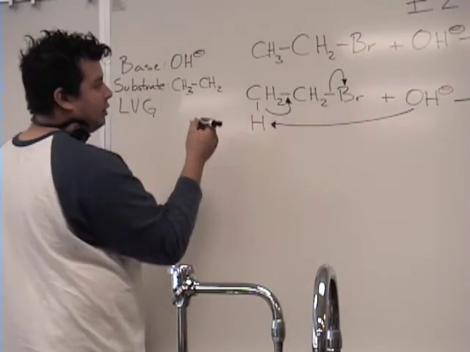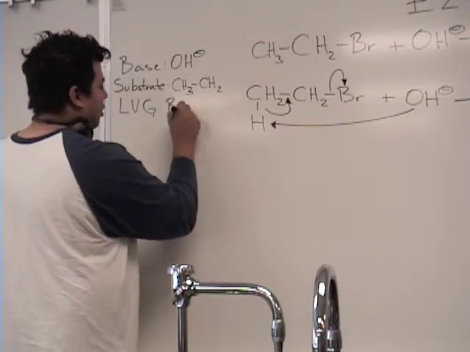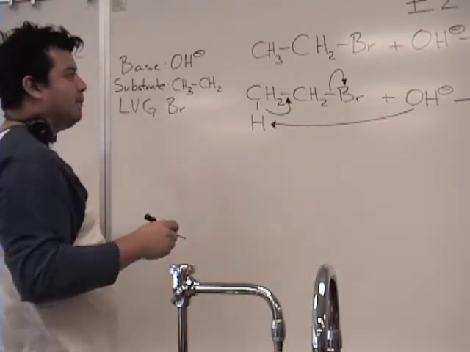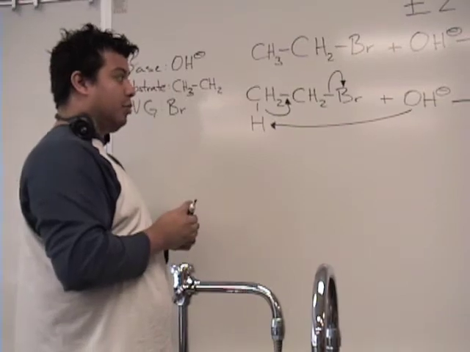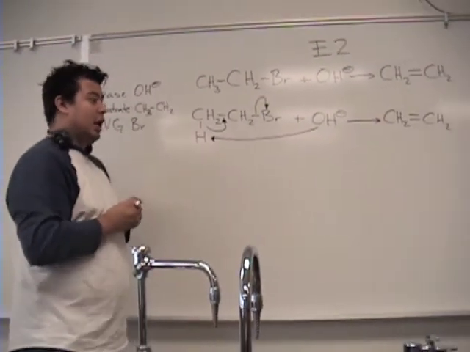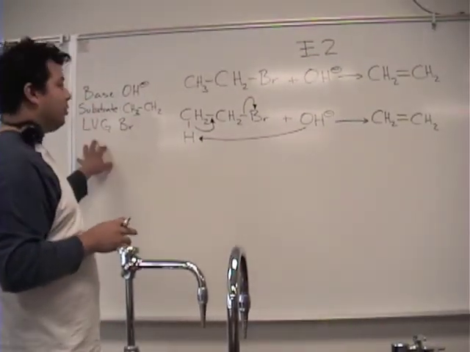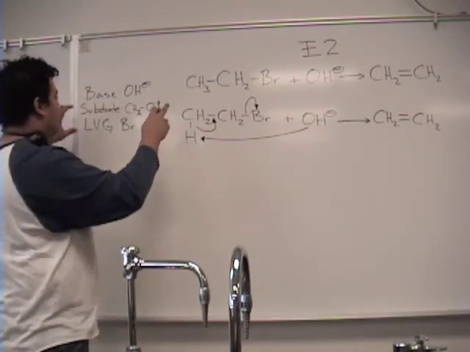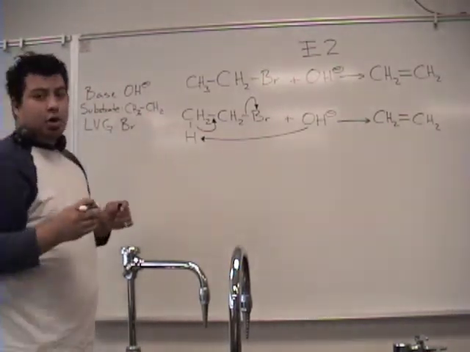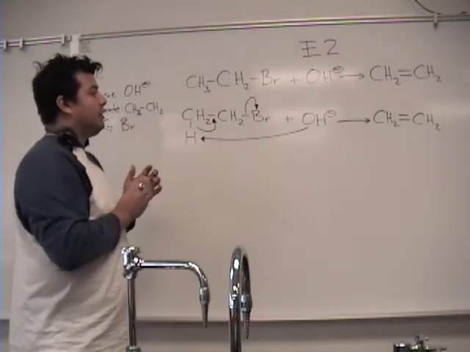So in this case is the Br. We said that halogens, groups in 6A, they make really good leaving groups. So we got our base, we got our substrate, and we got our leaving group. So everything should be set.